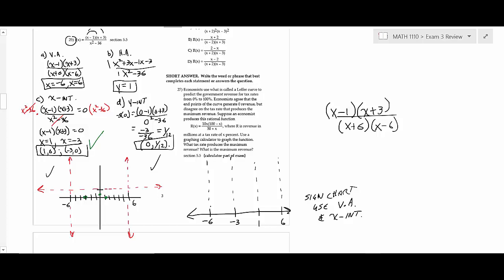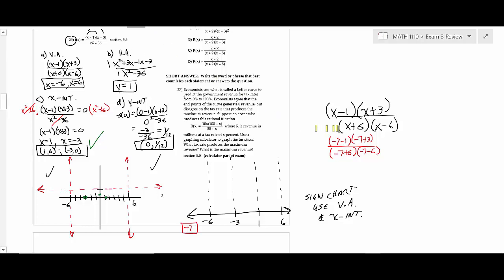You can too. Okay, so let's take a test point like -7, anything less than -6, and plug it in. You're going to have -7 minus 1, -7 plus 3, over -7 plus 6, -7 minus 6. Really what I want to see on your sign chart is just the result of this.